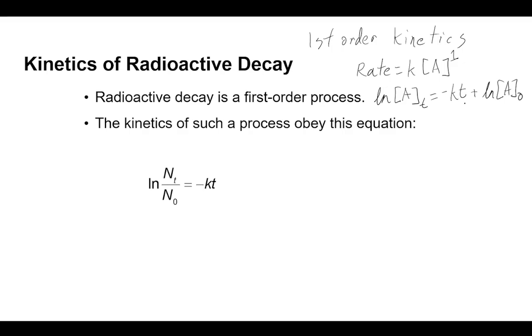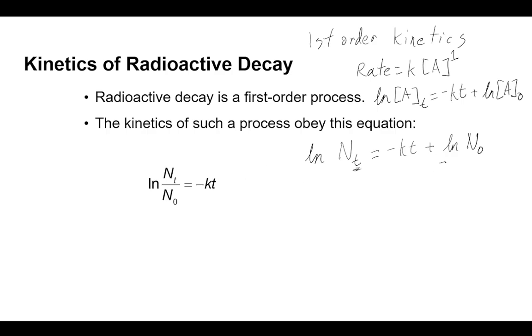But a nucleus undergoing radioactive decay follows the same kind of process, where the number of nuclei, so it's not a concentration anymore, but just the number of nuclei that are going to be found at some later time t can be predicted if we know the rate constant for this decay process, the amount of time that has elapsed, and the starting number of those nuclei, which we'll call N0.